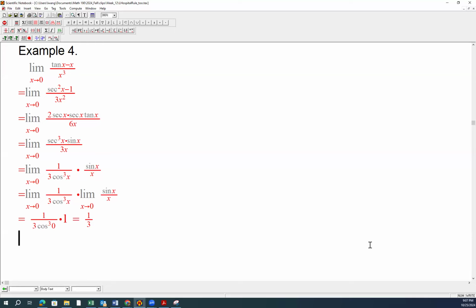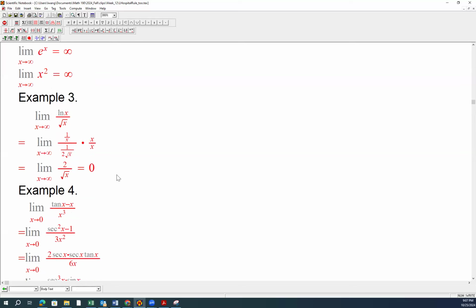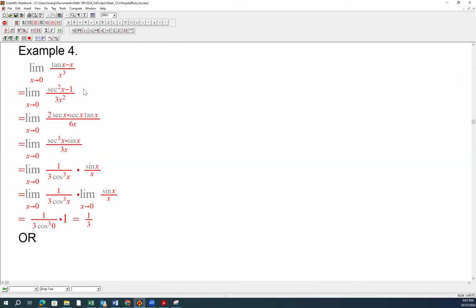So what you can do is say, I'm going to take a derivative one more time here using L'Hopital's rule. So in this case, what we did here is we used L'Hopital's rule twice, and then we changed the strategy.